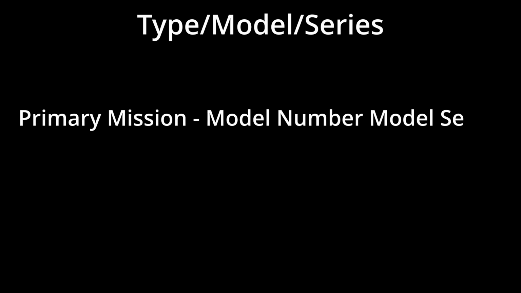So we just looked at some squadrons that had specific types of planes associated with them. Let me quickly describe how to decode these aircraft designations that are present in these aircraft squadrons. The eventual output of an aircraft designation is determining the type, the model, and the series, which contains a starting letter designating the aircraft's primary mission, followed by a hyphen with the model number and the model series of that aircraft.